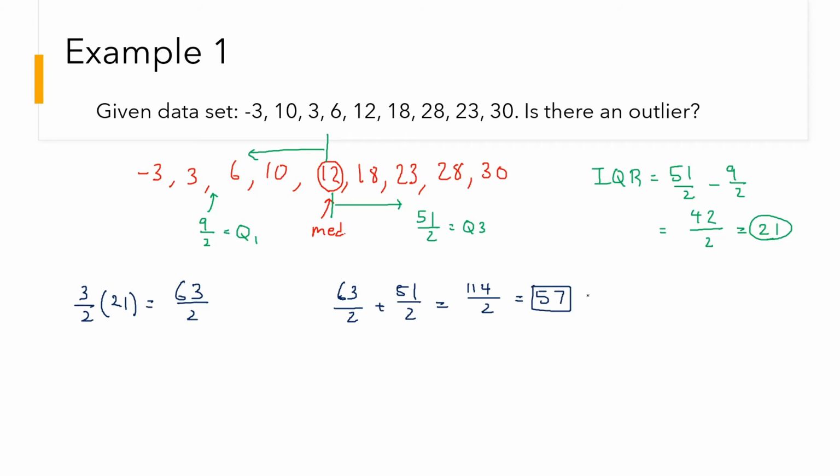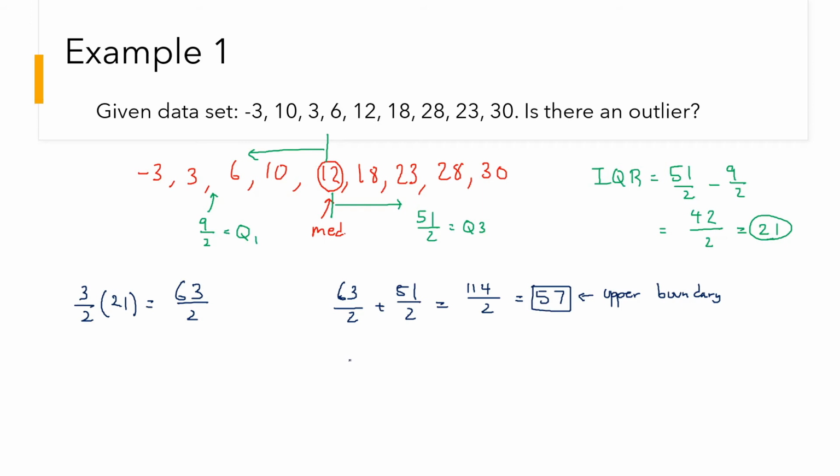You could think of this as an upper boundary. Basically, anything above 57 is known as an outlier. Luckily, in our case we don't have any data greater than 57.